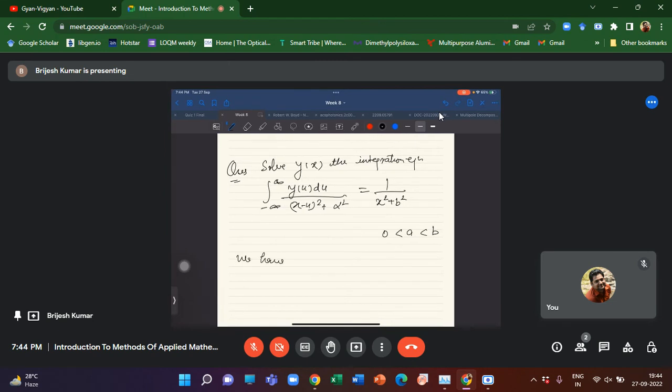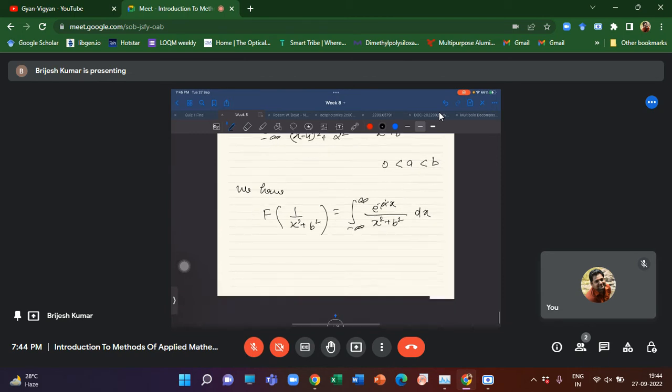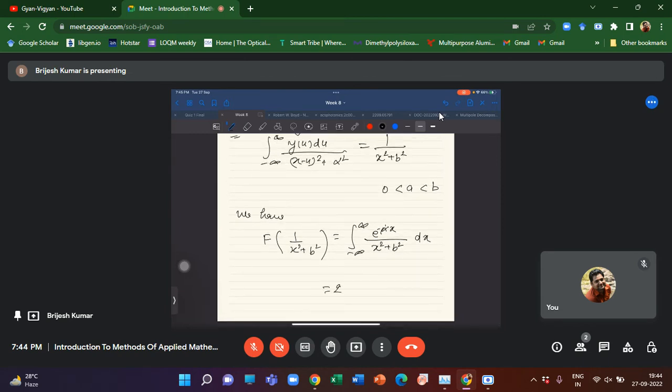We have the Fourier transform of 1 upon x square plus b square. It will be the integral from minus infinity to infinity of e to the power minus i alpha x upon x square plus b square dx. Then it will be equal to 2 times the integral from 0 to infinity of cos alpha x upon x square plus b square dx.